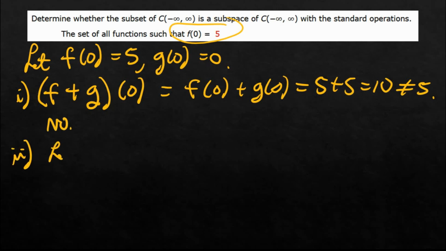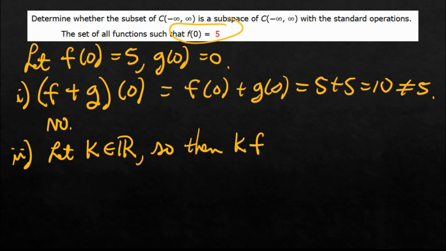And then let k be any scalar. So then k times f at 0 is equal to k times 5, 5k, but that's not equal to 5.